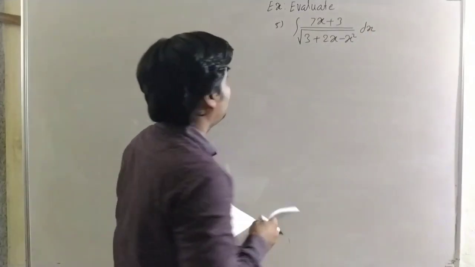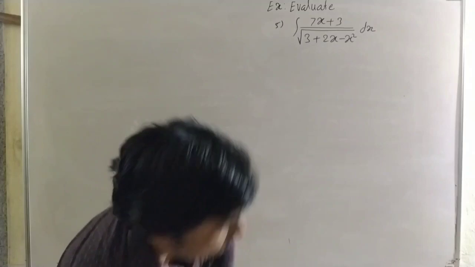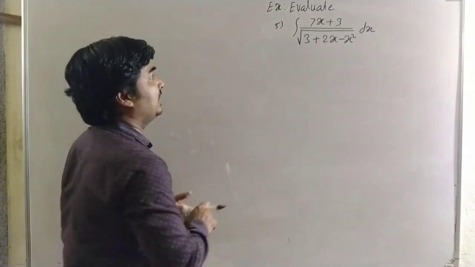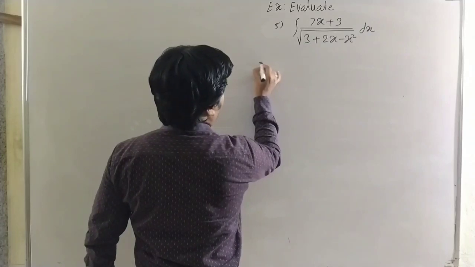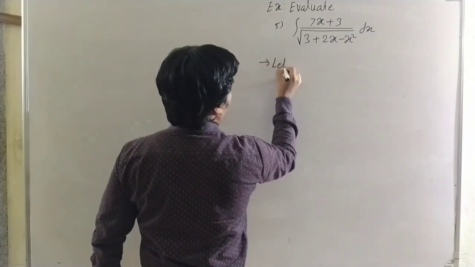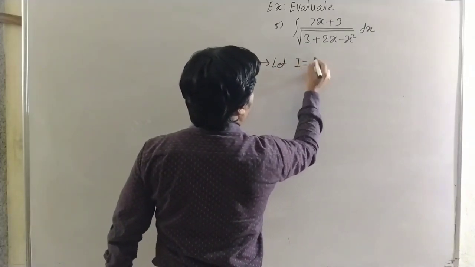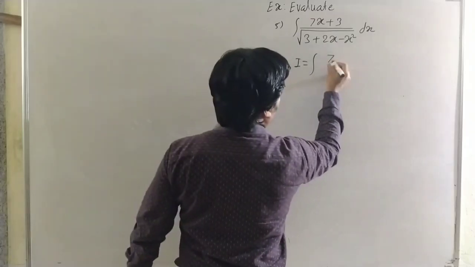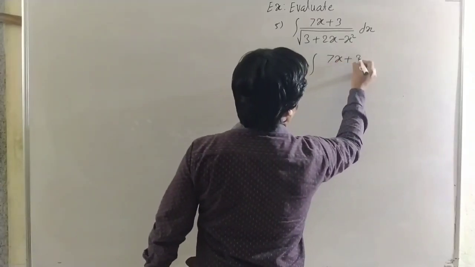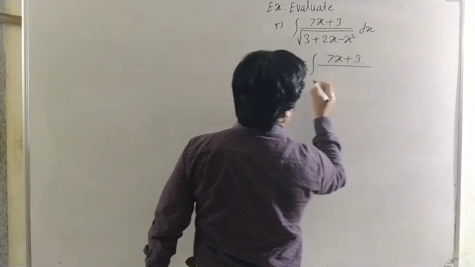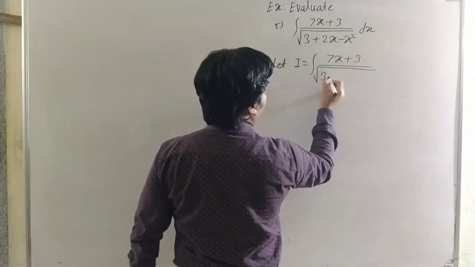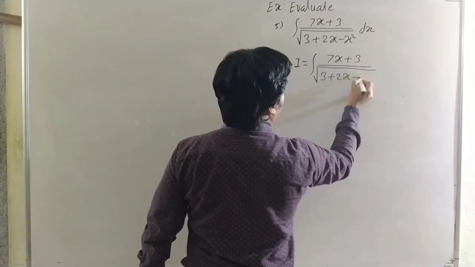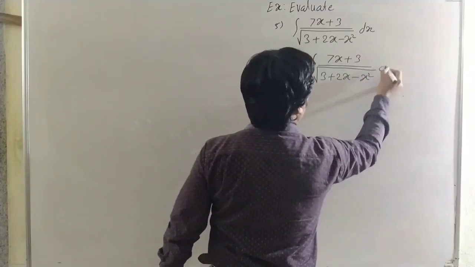Now we can solve this example. Here it is again linear function upon under root quadratic function. Let integral is equal to 7x plus 3 upon under root of 3 plus 2x minus x square dx.